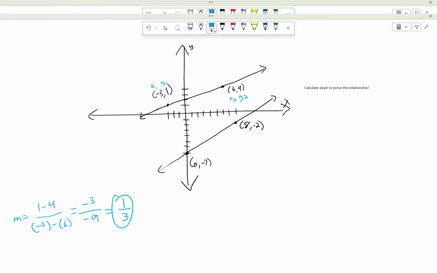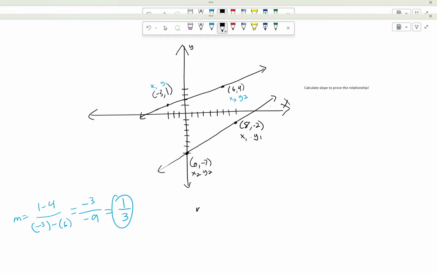Now I'm going to work with this one on the right side. So this is going to be x sub 1, y sub 1. So this is going to be my second point then. And I could have done it in either order. It doesn't really matter, right? In fact, let's switch it up. Because why not? Let's make this guy the second point. Make this guy the first point.